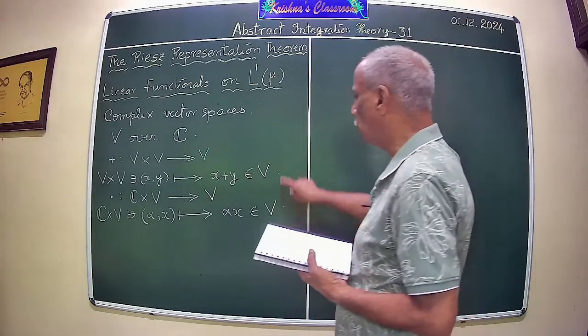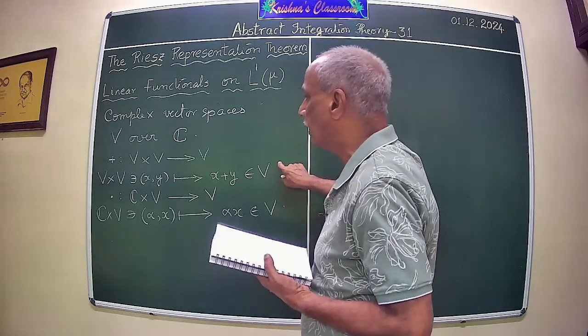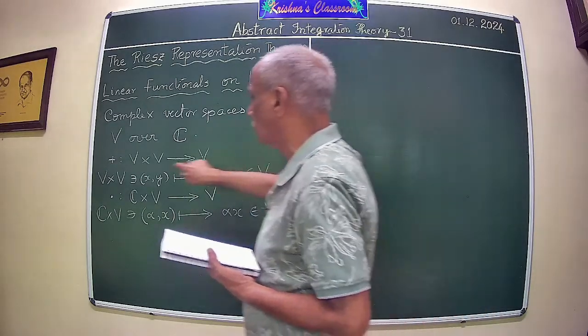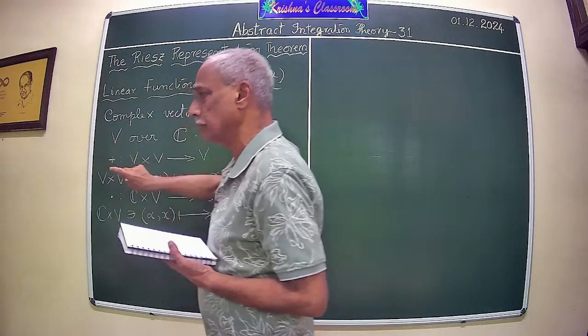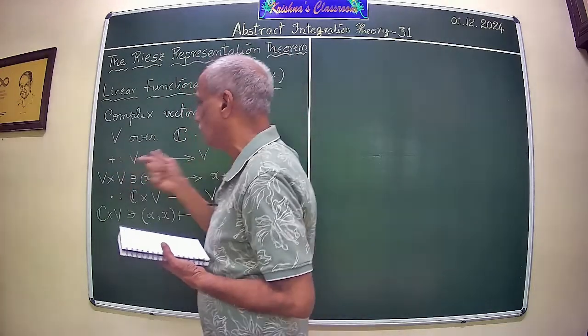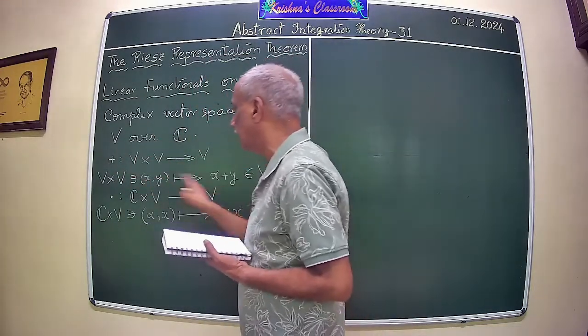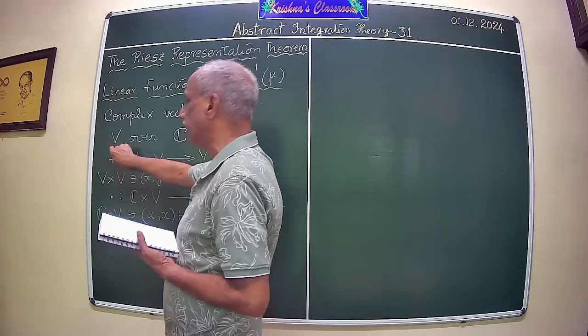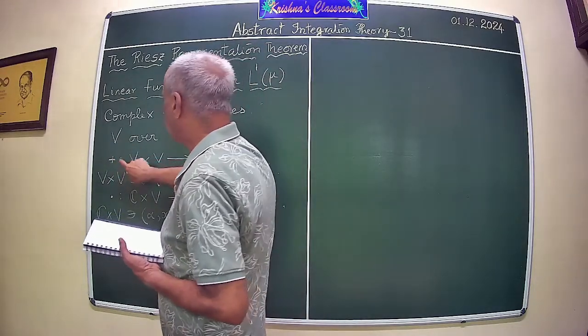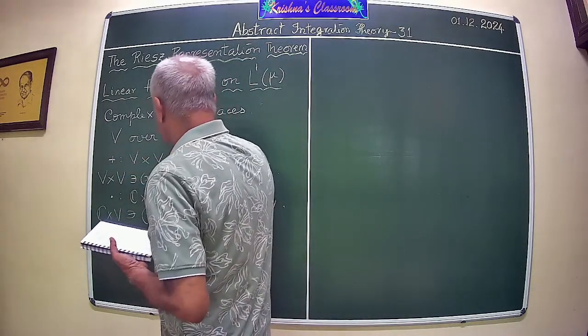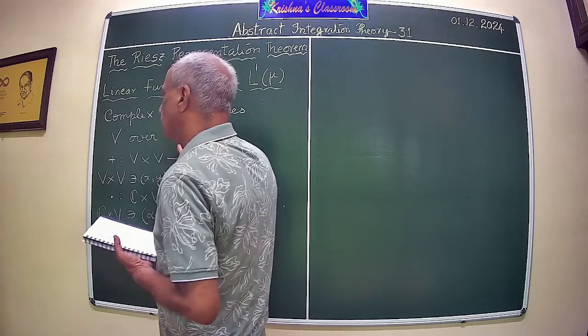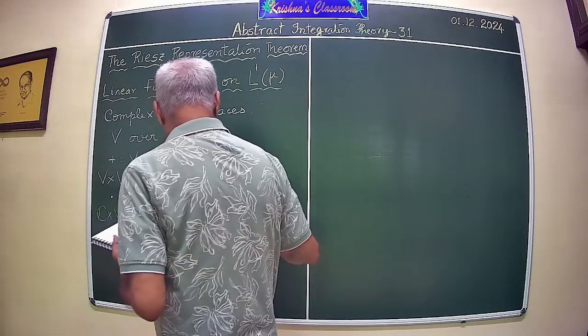So these are the two maps that are related to the class of vector space. Now, what is the structure of this vector space with respect to this addition? Now, this defines an addition over V and a scalar multiplication along with C given by this.